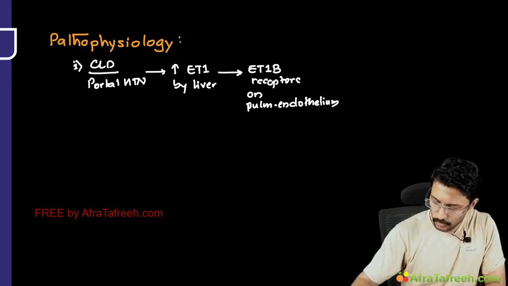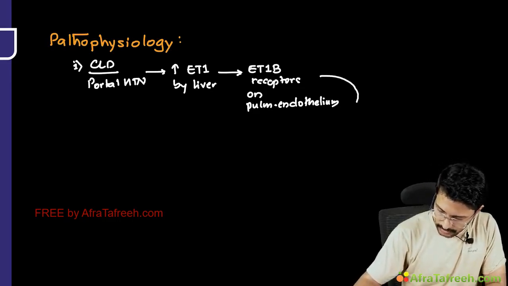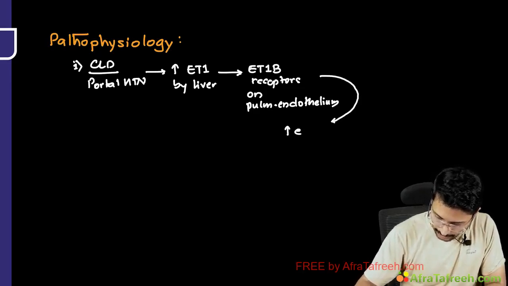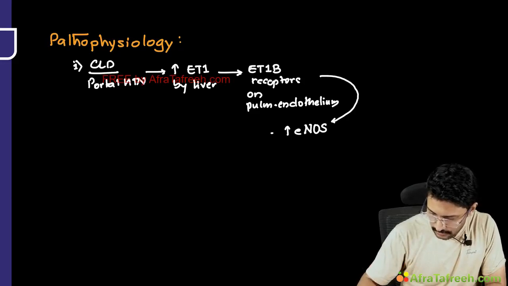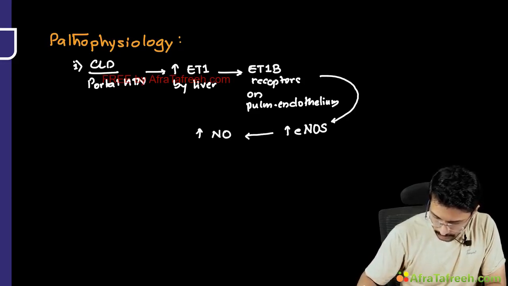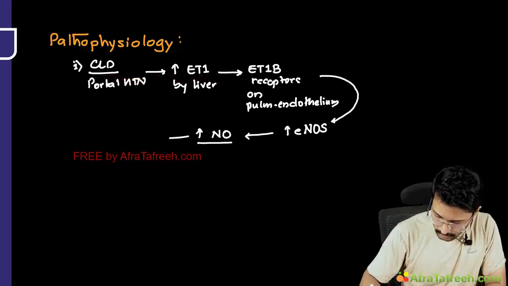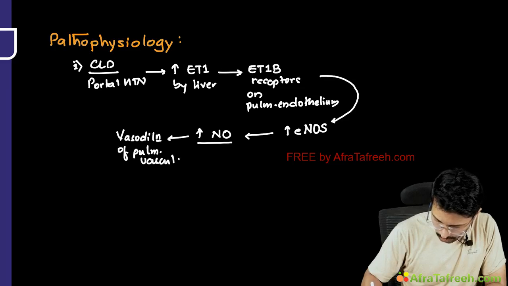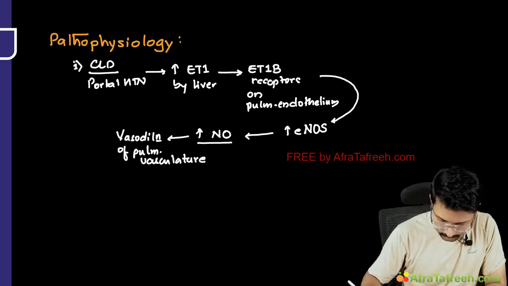Acting through these receptors, there will be increased expression of endothelial NOS, or nitric oxide synthase. This will obviously lead to increased production of nitric oxide. And we all know that nitric oxide is vasodilatory, so this will cause vasodilatation of the pulmonary vasculature. Okay, so that is problem number 1.